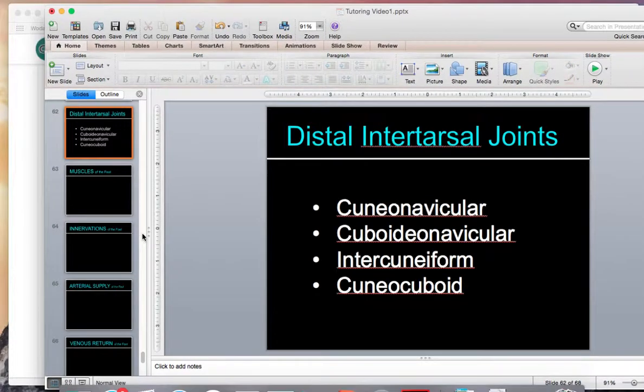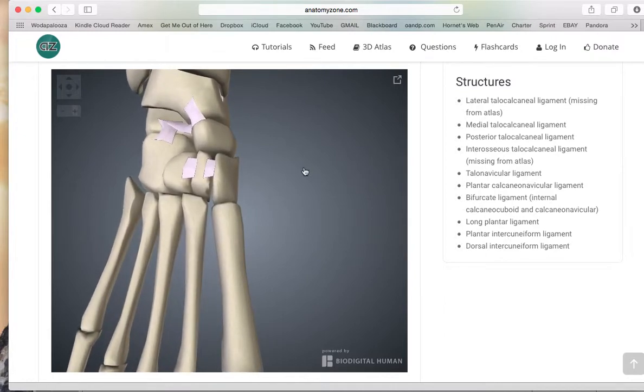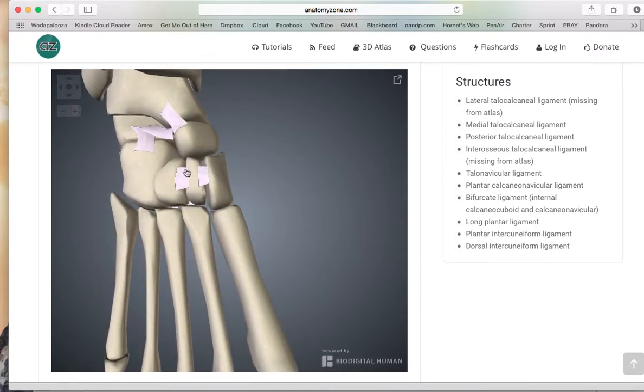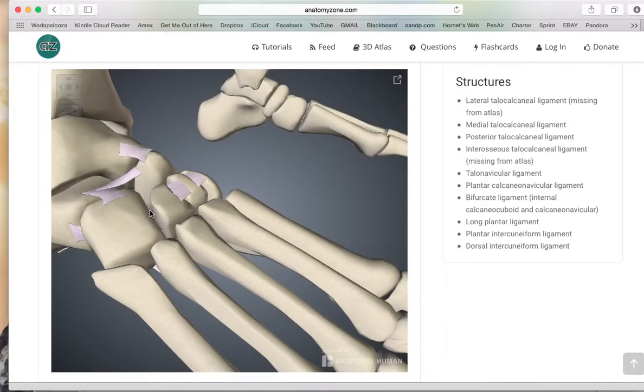Let's actually go look at this right now. So, looking at our tarsal bones, again a little bit closer, all of our cuneiforms, we're going to have those in contact with our navicular. So we have one joint right in here, our cuboideonavicular, which is going to be in between here, our intercuneiforms between the cuneiforms, and our cuneocuboid, which is going to be in between here, right in here.